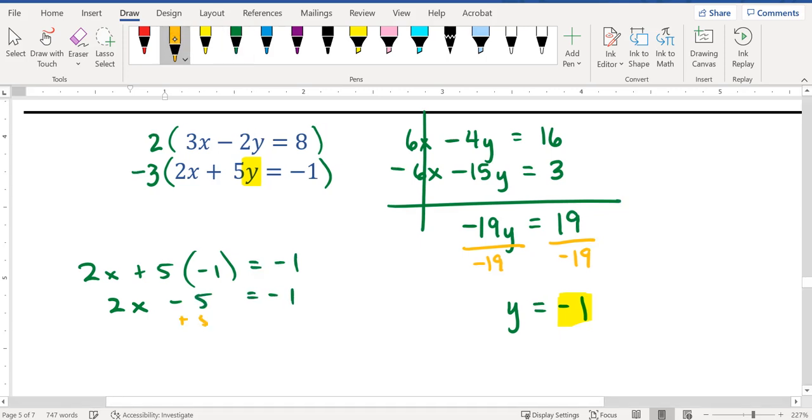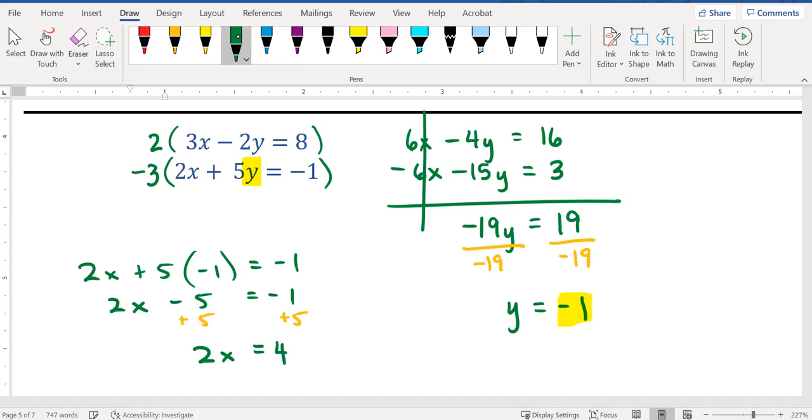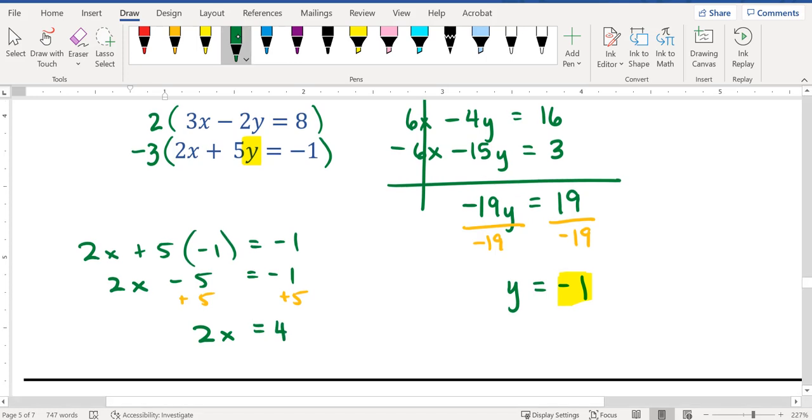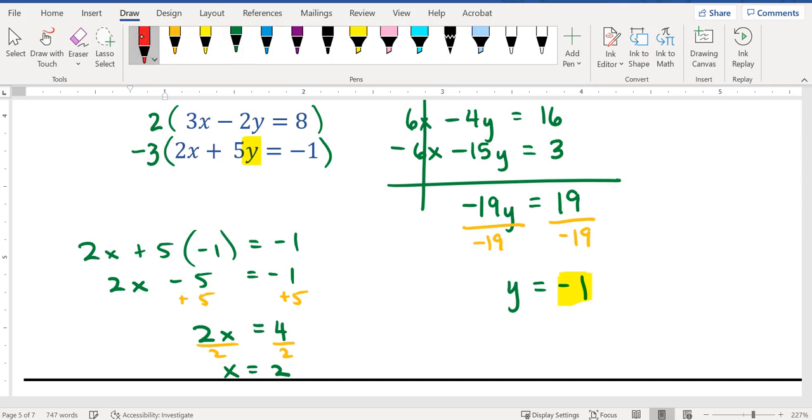Add 5 to both sides. I have 2x equals 4, negative 1 plus 5. Dividing both sides by 2, I get x equals 2. So my solution, don't forget it's x comma y. My solution will be 2 comma negative 1.